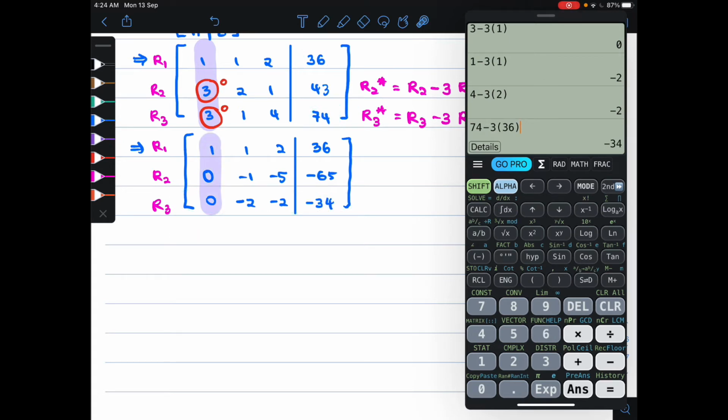So if you look at our first column, the diagonal is already 1 and the others are already 0.